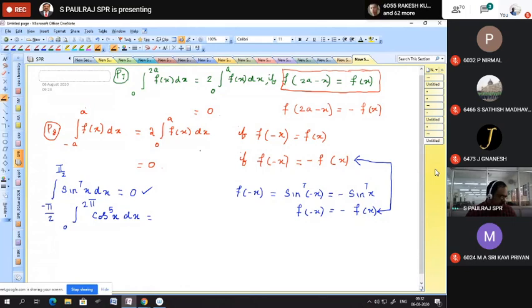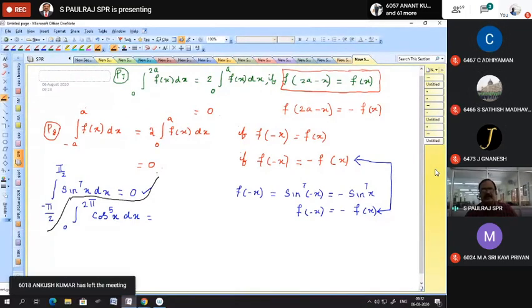How minus 1? Zero is the correct answer. How is it zero? We will see.